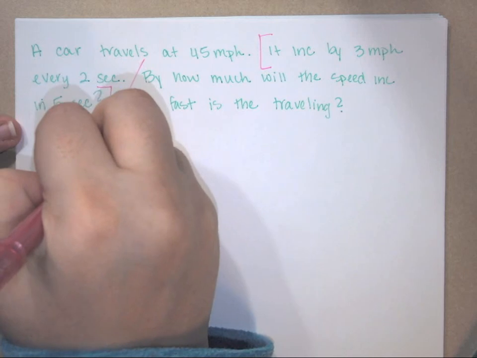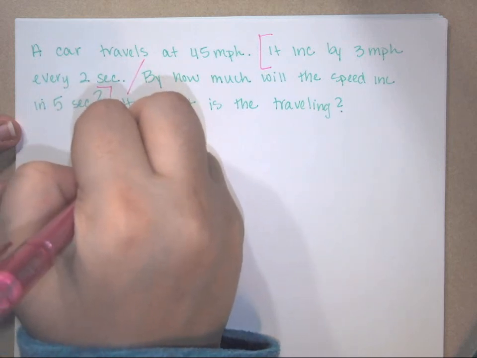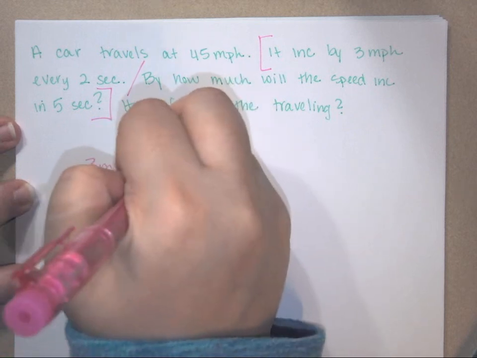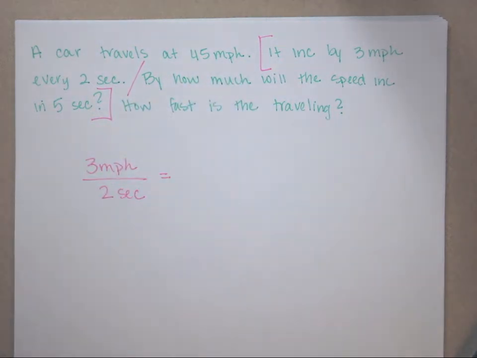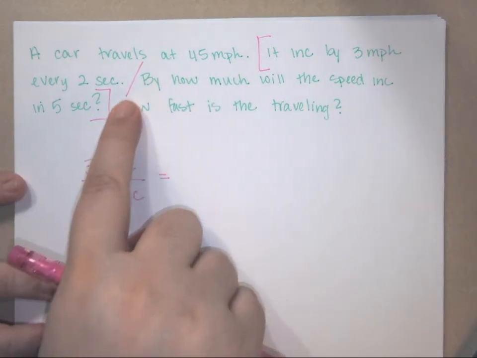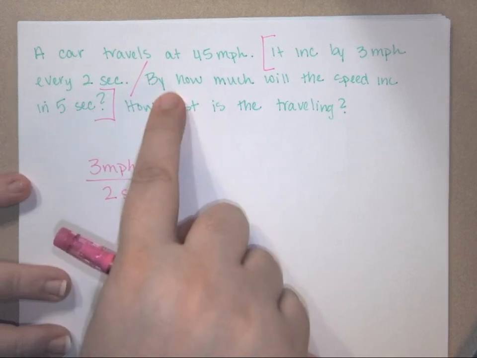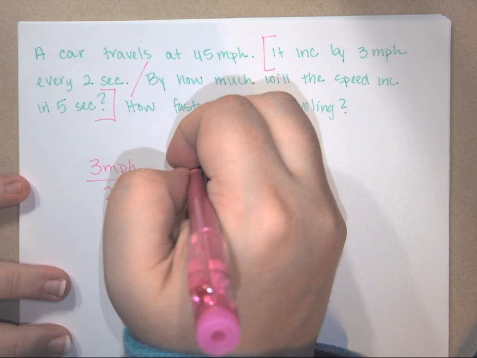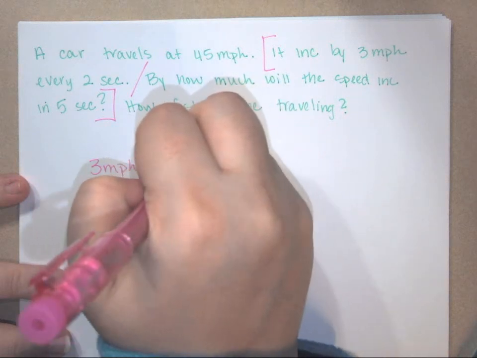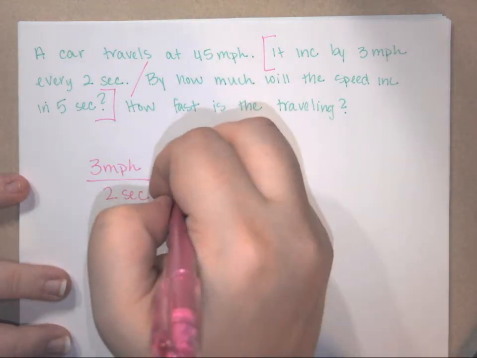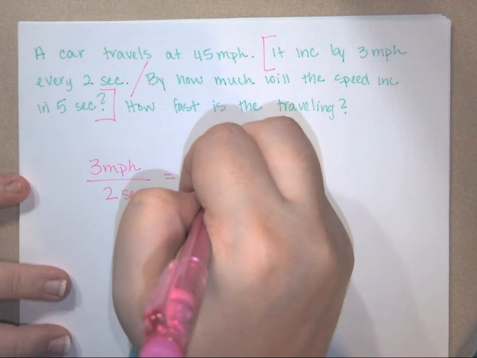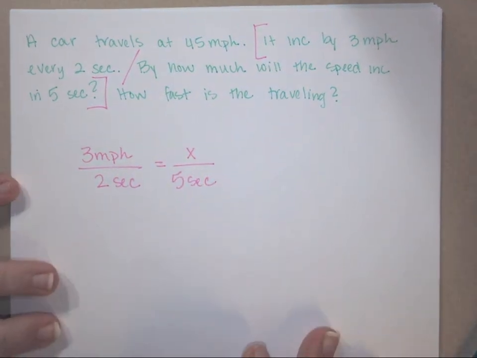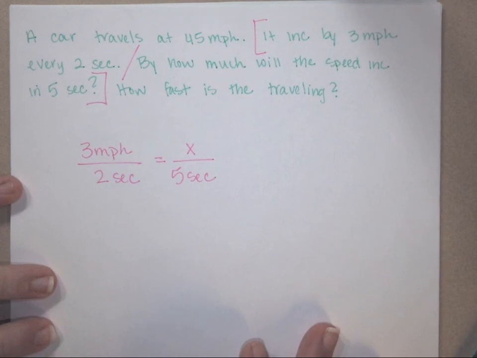You would have 3 miles per hour in every 2 seconds of travel. Now, the question is going to be your second proportion. The question wants to know how much. So we have x. We don't know how much it's increasing, but we do know it's happening in 5 seconds. So there's the proportion that we have to use.